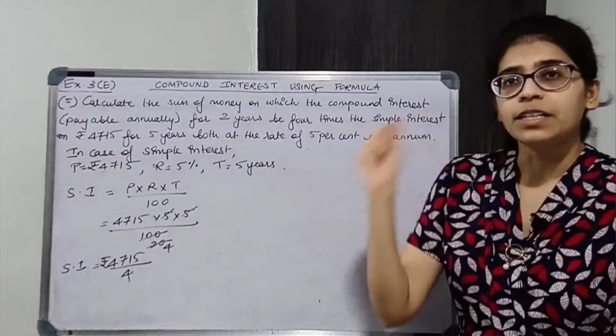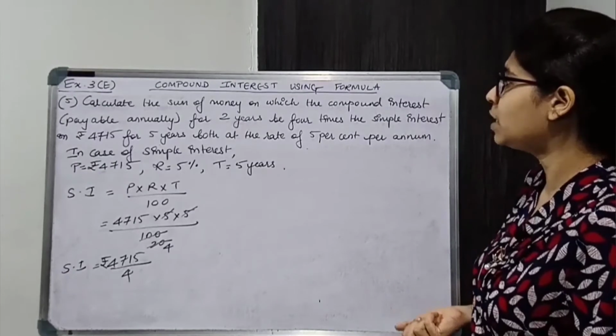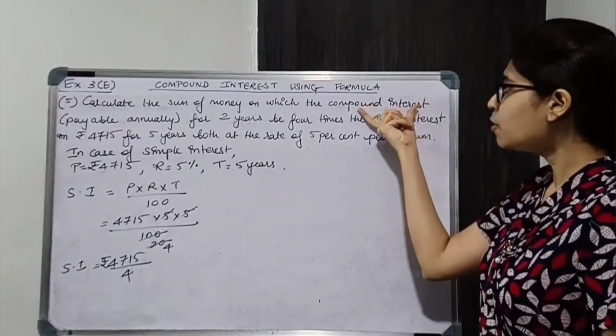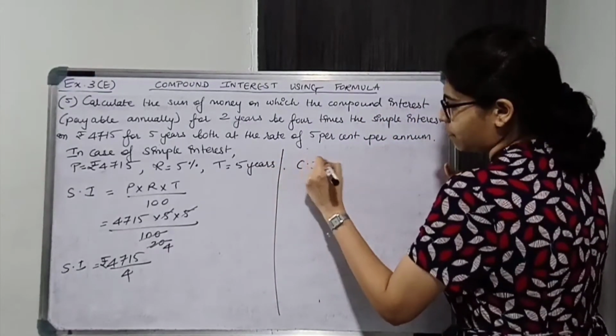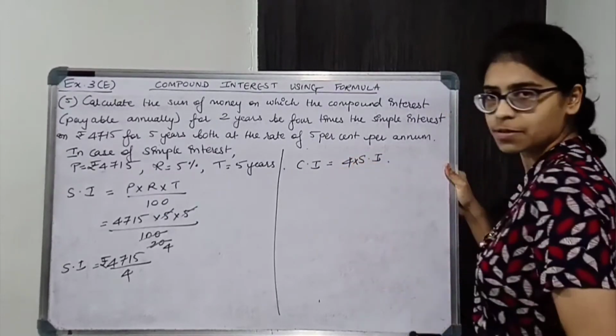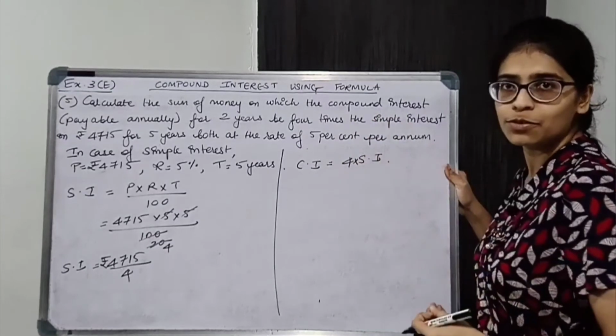Now we are given a condition. The sum of money on which the compound interest payable annually for 2 years is 4 times the simple interest. Compound interest is 4 times simple interest. So now substitute the values of compound interest and simple interest.